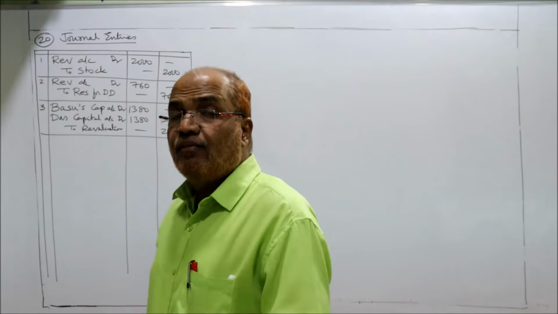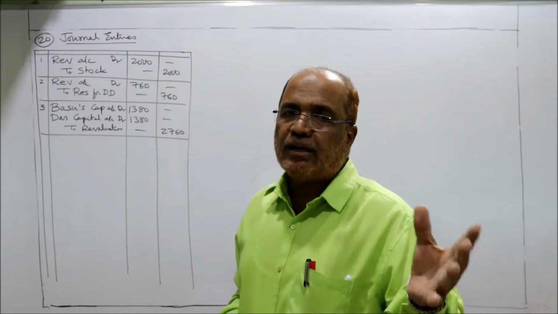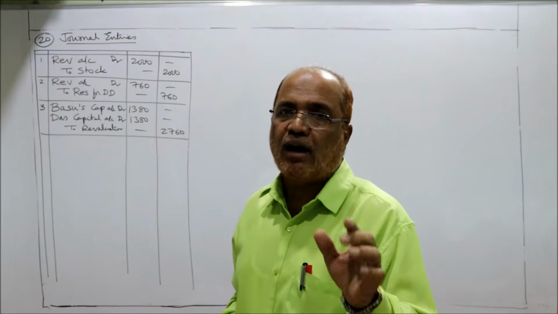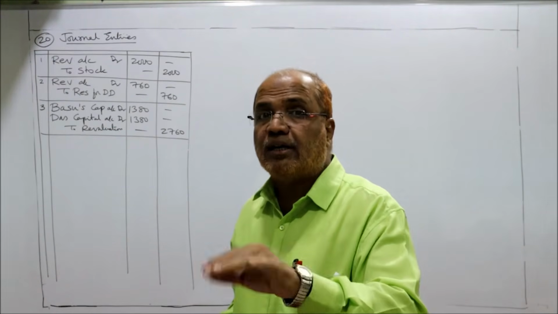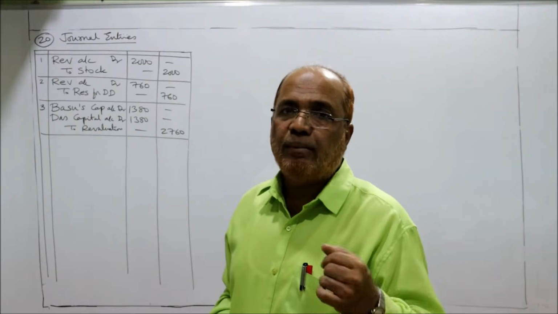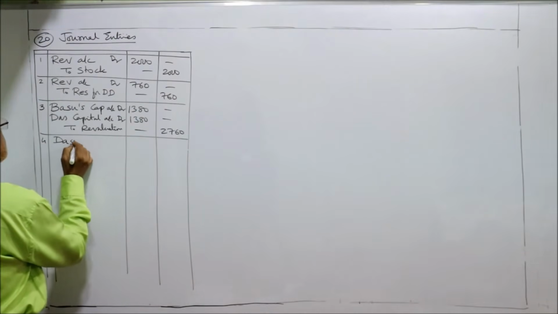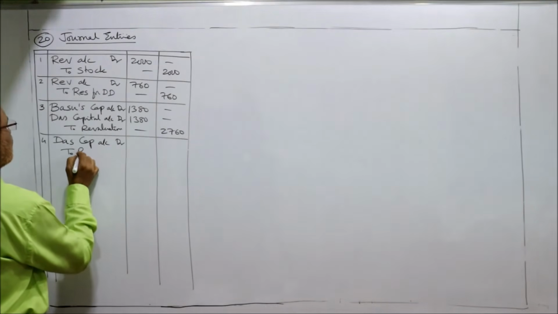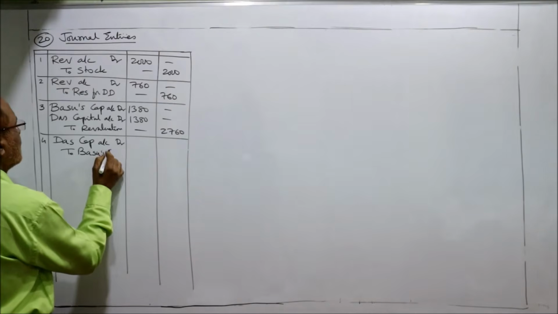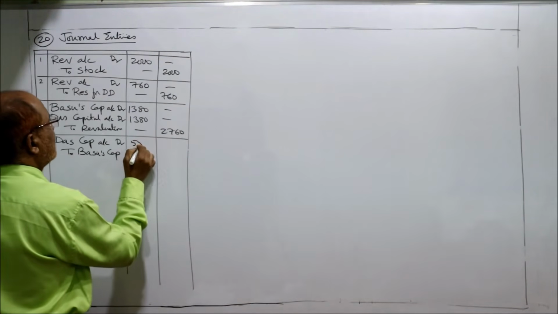Now we have to adjust the goodwill. Total goodwill of the firm 11,000. Retiring partner's share 5,500, half of 11,000. So 5,500 should be credited to Basu and debited to Das. Das capital account debtor to Basu's capital 5,500.